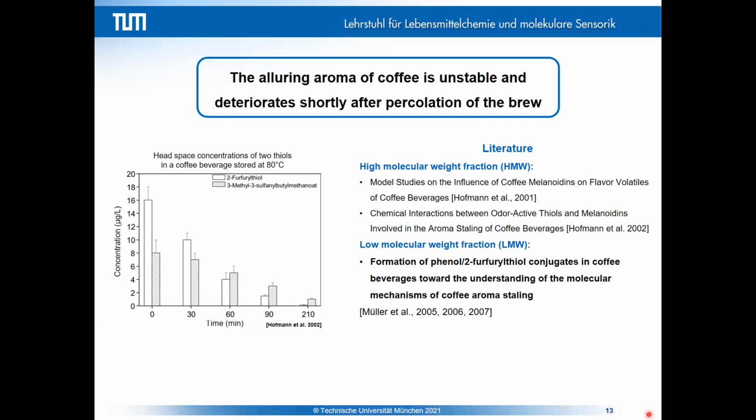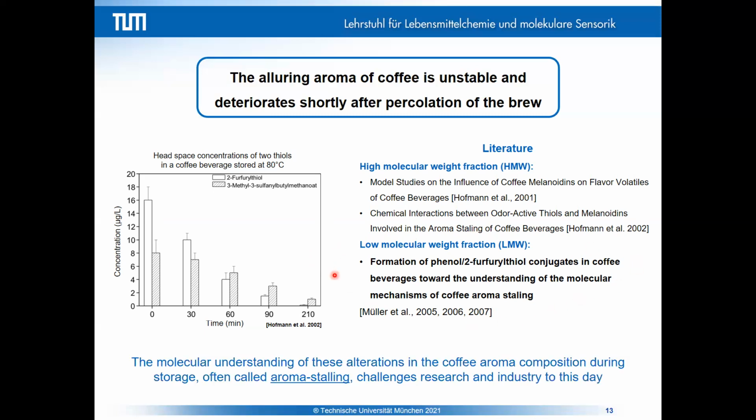Today, I want to focus mainly on the low molecular weight fraction of coffee, but until now, there's still no clear explanation of what happens to the entirety of the aroma. And this is actually a big challenge not only for research, but also for the coffee producing industry, because they are basically losing their aroma during production already.